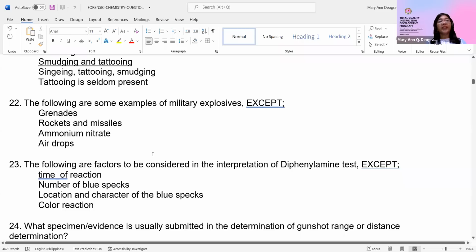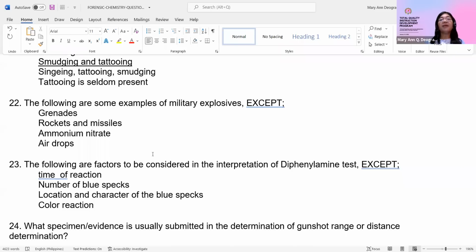How about number 22? The following are some examples of military explosives except, ano sagot? Oh, dyan pa lang sa mga choices, malalaman niyo na kung anong sagot niyan. Letter C, yes. Kasi letter C is used as an industrial explosive yan eh.